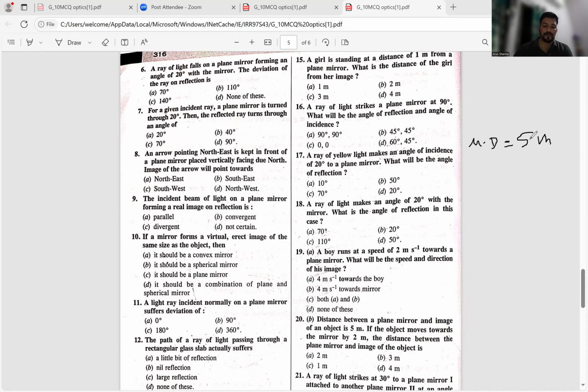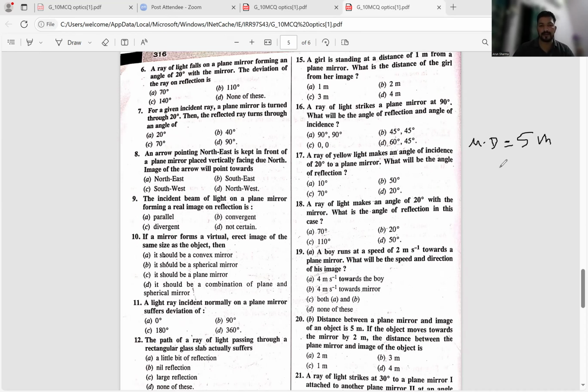In a plane mirror, the distance between the object and mirror is equal to the distance at which the image is formed. It means the initial distance is 5 meter. So the plane mirror and object distance is equal to the image distance.